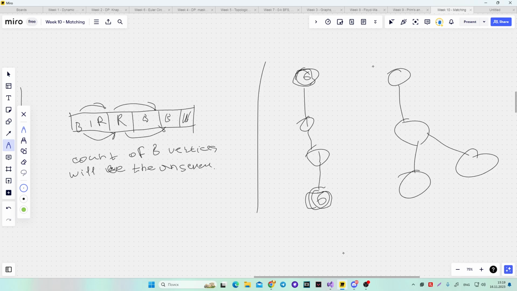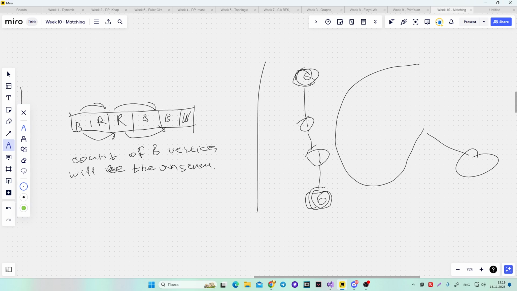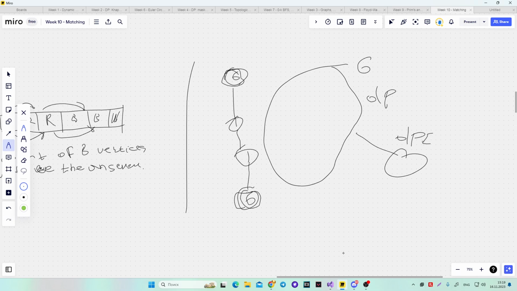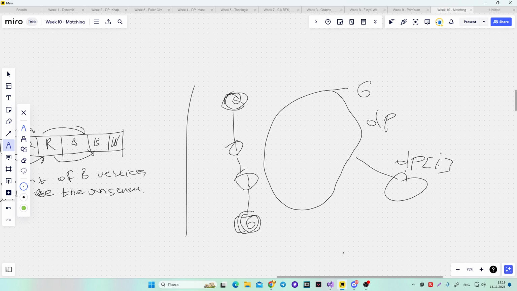If we consider some graph in which we already know dp g, and we want to find dp e, dp of some e. dp can be an unordered map, I think.